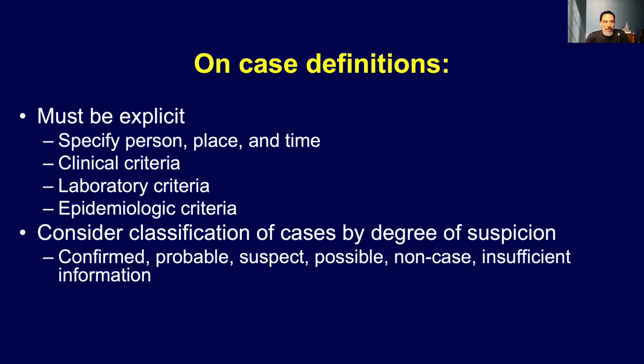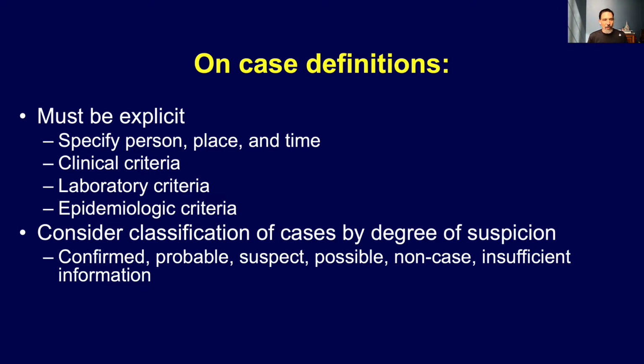So you need to be very explicit. And it should have certain components in the case definition: person, place, and time, because it's surveillance and epidemiology and public health, but often things related to clinical criteria, laboratory criteria, and sometimes even epidemiological criteria. And you can also consider classifying cases by so-called degree of suspicion.